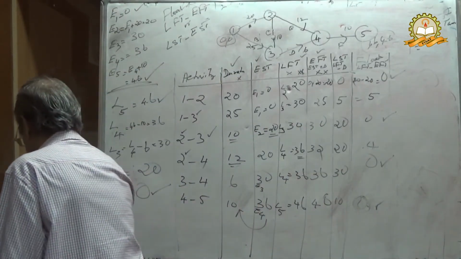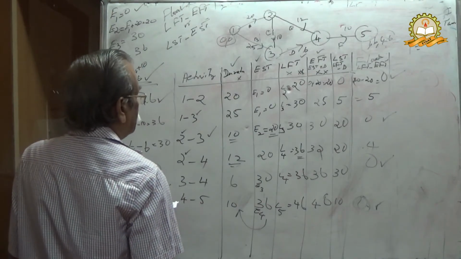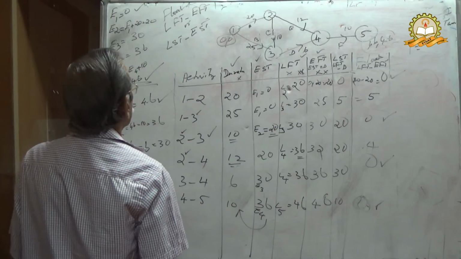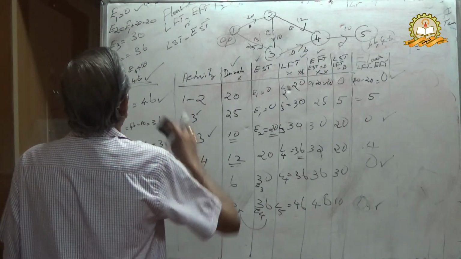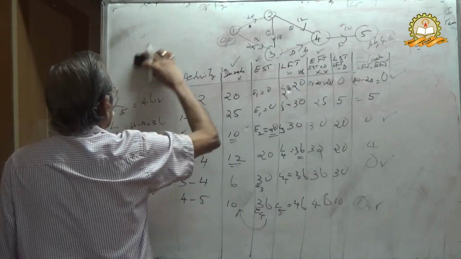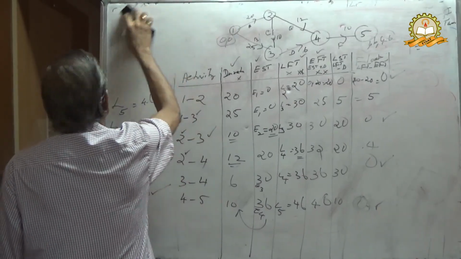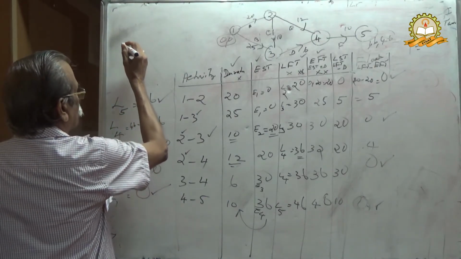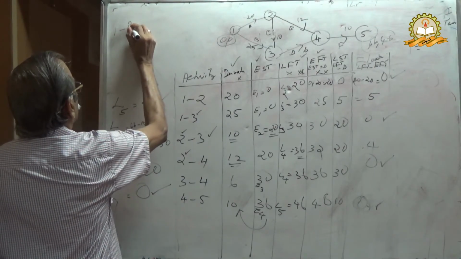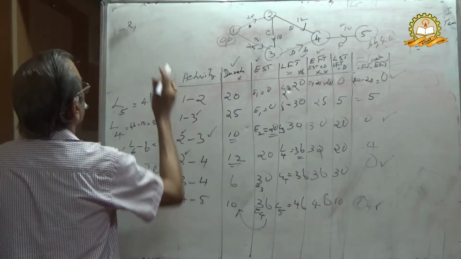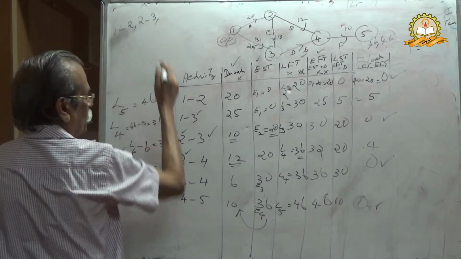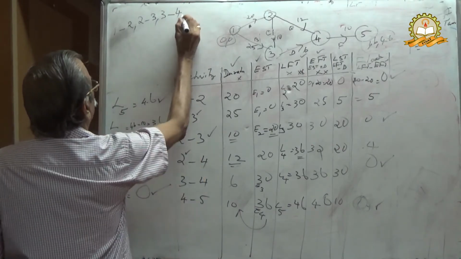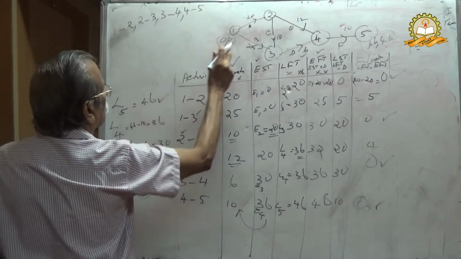Then you can write here: the following activities have zero float, namely 1 to 2, 2 to 3, 3 to 4, 4 to 5.